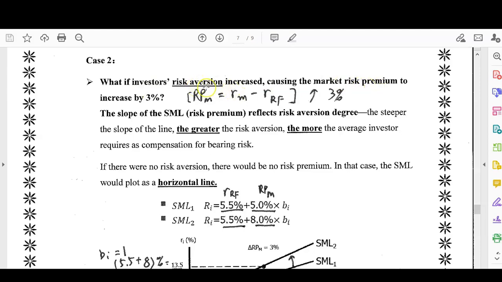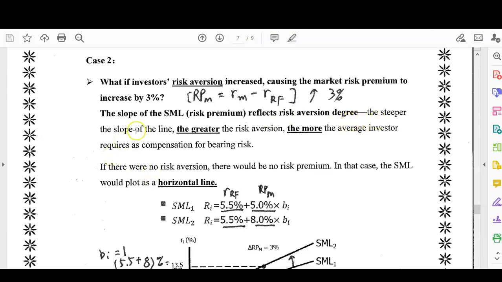So if risk aversion degree increased, and our market risk premium, RM minus RF, increases by 3%, the slope of the SML would reflect this change in risk aversion degree.